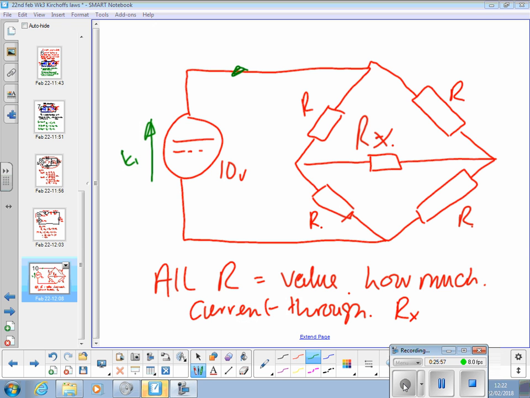And then when we get to this node here, there'll be some current go down that one and some current down that one. When we get to these two points down here, we're obviously going to get some current flow down there because eventually it's got to go that way. We're also going to get some current down there because that's got to go that way as well, and those two currents add together.